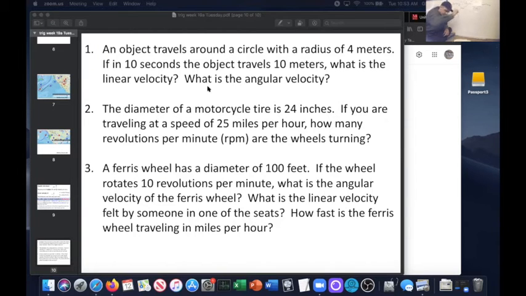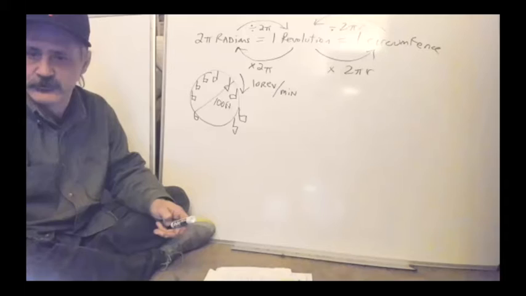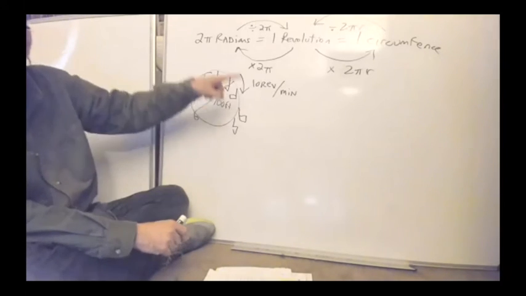So this rotates 10 revolutions in a minute. And that seems pretty fast, all right? So what's the angular velocity? What's the linear velocity? And then what is the speed in miles per hour that these people are experiencing as they're going around this Ferris wheel?